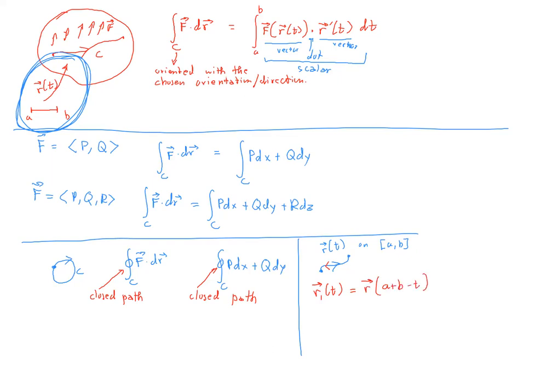And again, it will be defined on [a, b]. And this parameterization really traverses the path the opposite way. You can see it. If you set t equal to a, then you find b. If you set t equal to b, you find a, and then you get everything in between in the opposite direction.